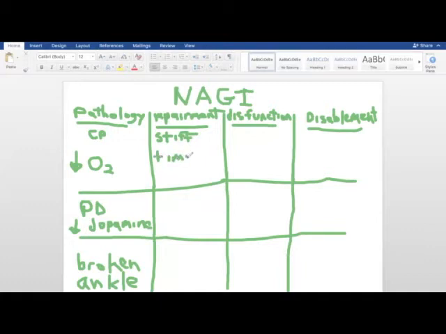So what is the pathology going to cause? The pathology is going to cause timing issues. It's going to cause stiffness. It's going to cause a reduction in the ability to use your leg as a pendulum. And I'll just write P-E-N-D. Or maybe I'll just write it all out.